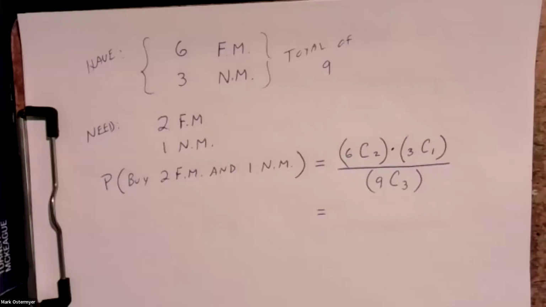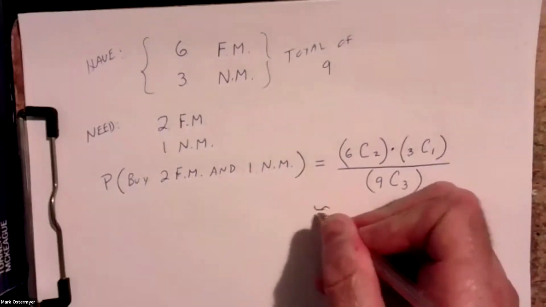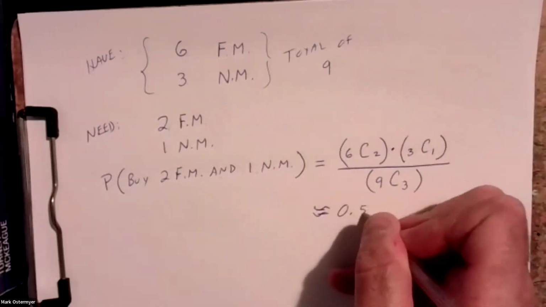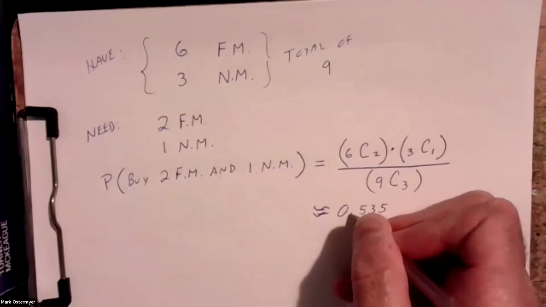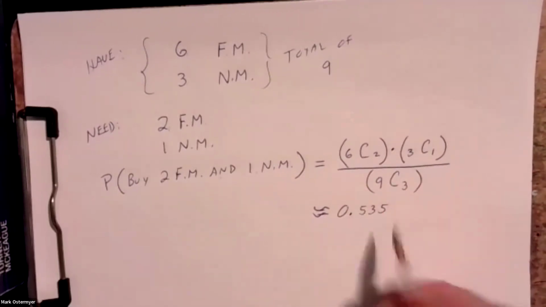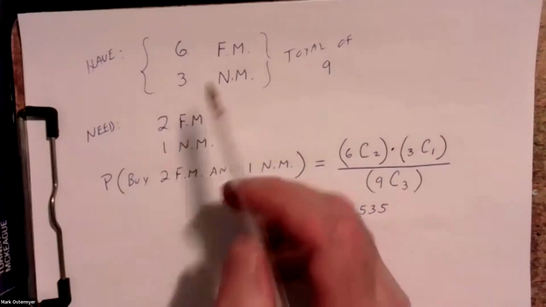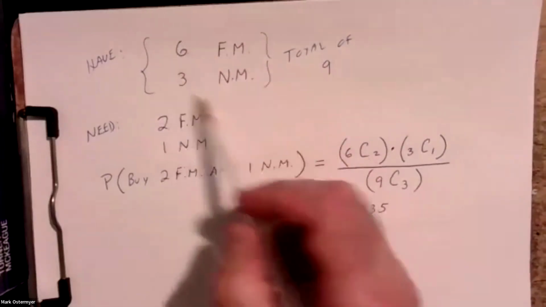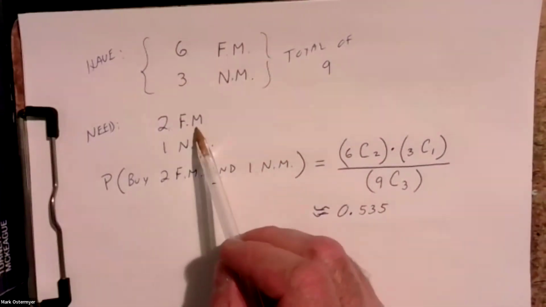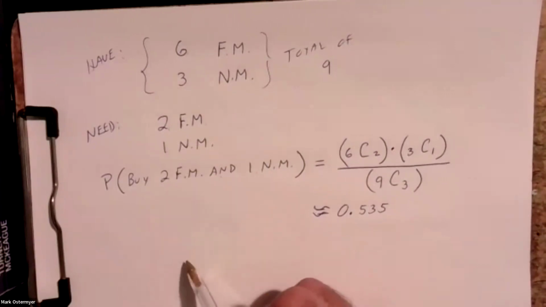They got about 0.536, so whatever, 0.535, 0.536, that's good enough. So this is approximately 0.535, about a 54% chance that when they randomly buy 3 of these magazines, 2 of them will be fitness magazines and 1 of them will be a news magazine. There's your probability.